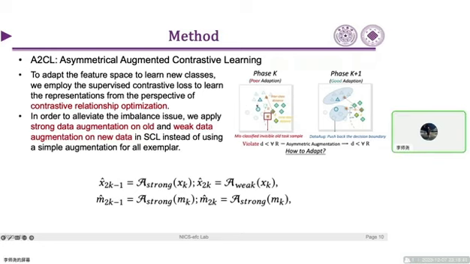We can see the old class has only a few samples here. To make the old data more complex, we use strong data augmentation on old classes to produce more old samples, and we use weak data augmentation on new data in SCL, instead of using a simple augmentation for all exemplars, including the old and the new.